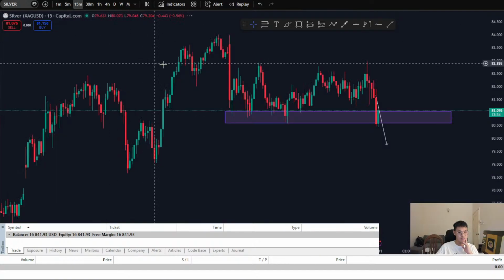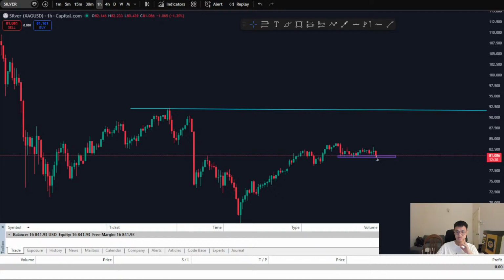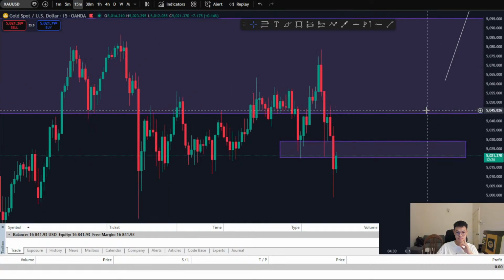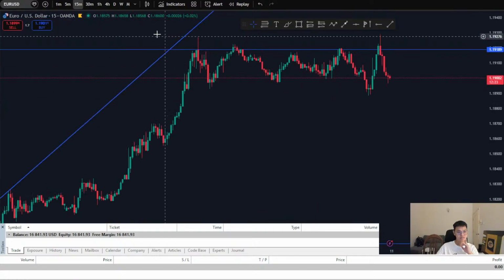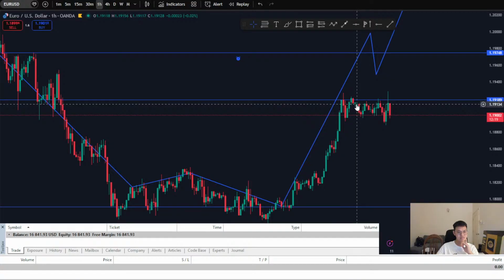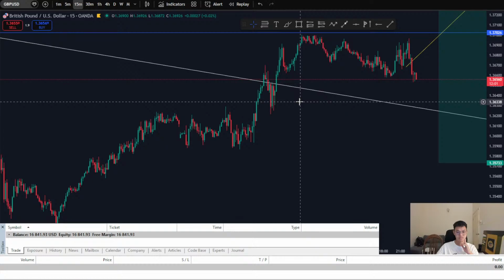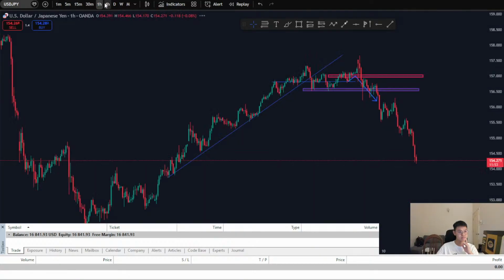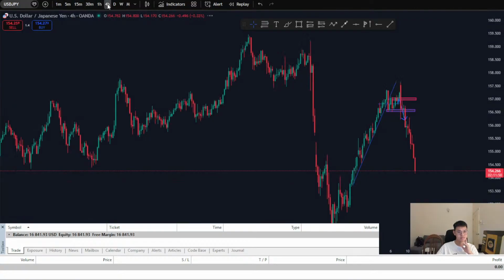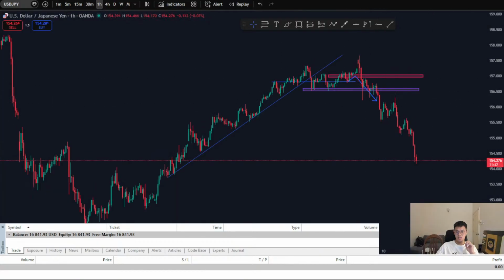See, it comes back again. Oh, USD JPY is beautiful.